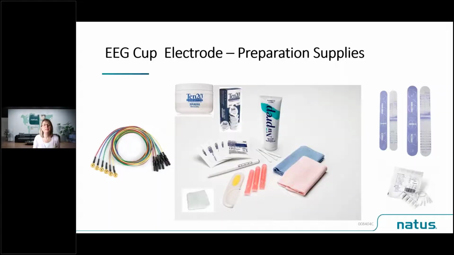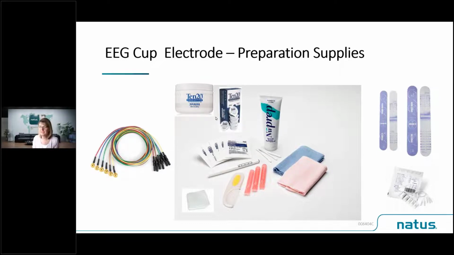So with cup electrodes, again, it's pretty similar preparation supplies. Now we've got the cup electrodes, potentially still hydrogels you may want to use as your ground or reference, your positioning aids. The addition we have here now is conductive paste. So we needed an extra paste to act as the conductive measurement with cup electrodes.